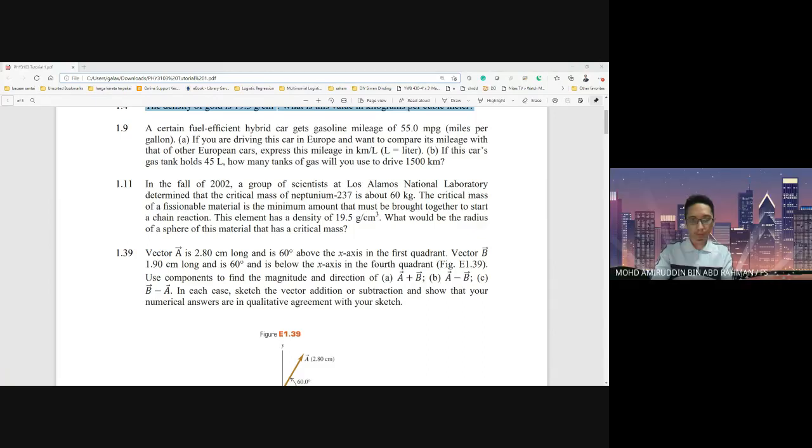Yes, actually you need to use 2 tanks, but to make it specific, you can say it is 1.4 times. So the answer is 1.4 times.